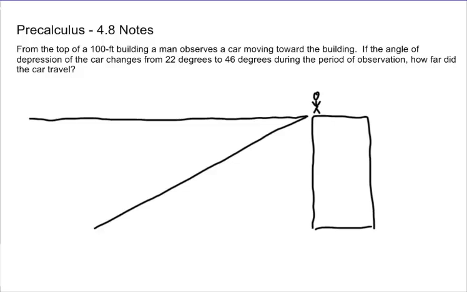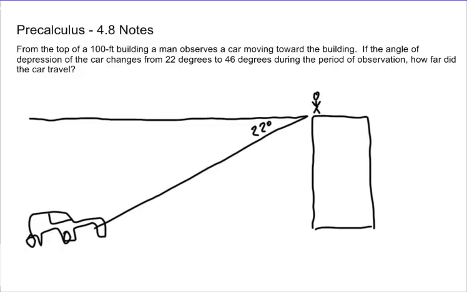So here's our car. It's a great looking car. So he's looking at the car, and when he first sees it, it's at a 22 degree angle of depression.